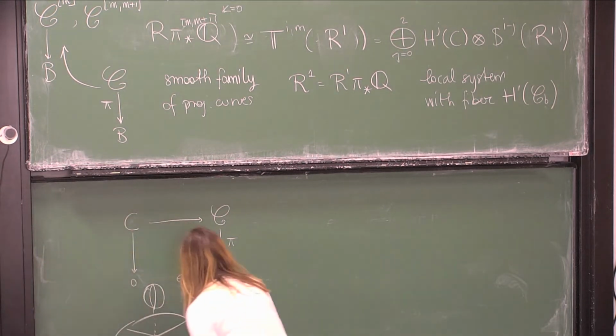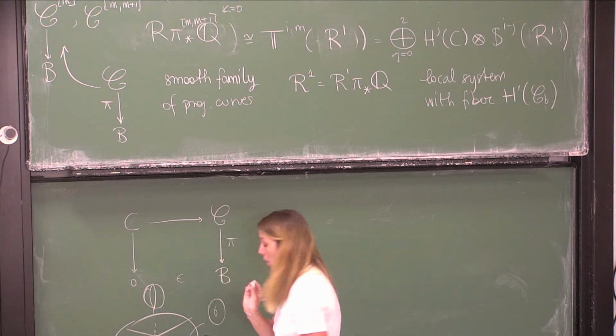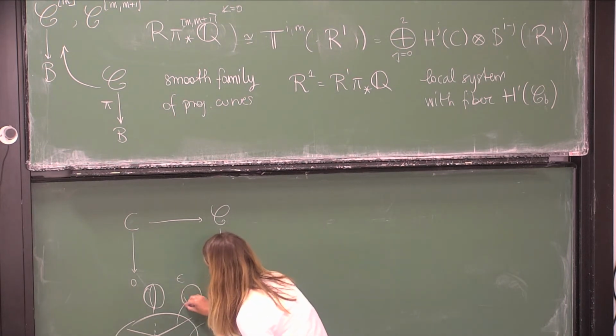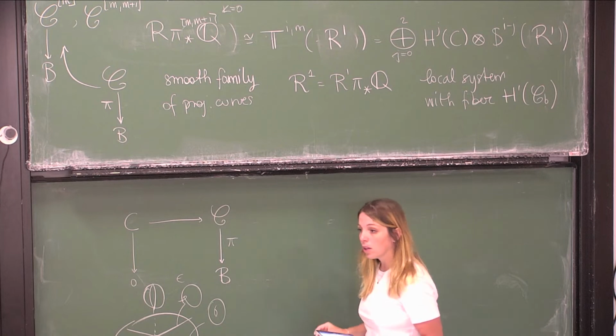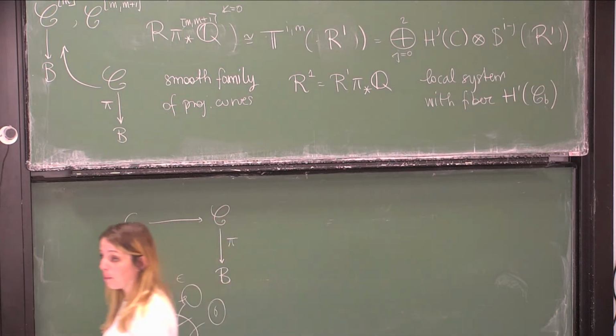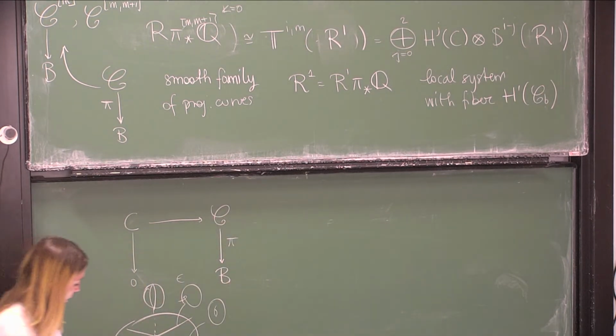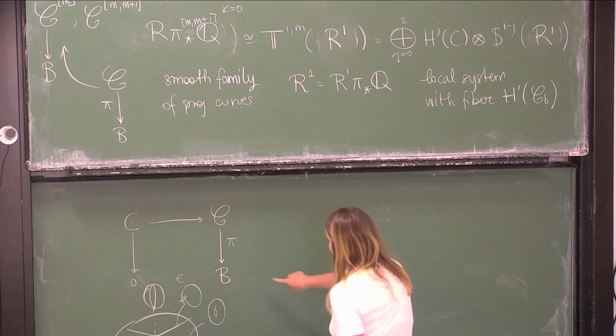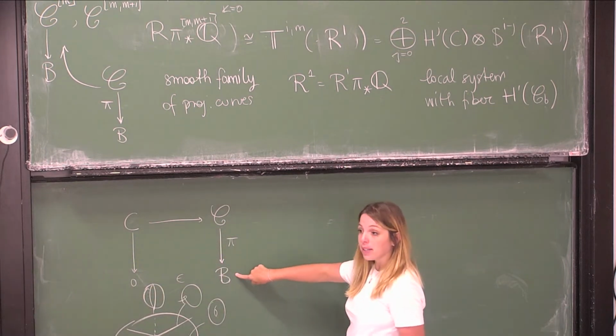And in the family, I will have some honest elliptic curves, but I might also have a curve with one node. So I will have a family whose fibers jump. It won't be smooth anymore.